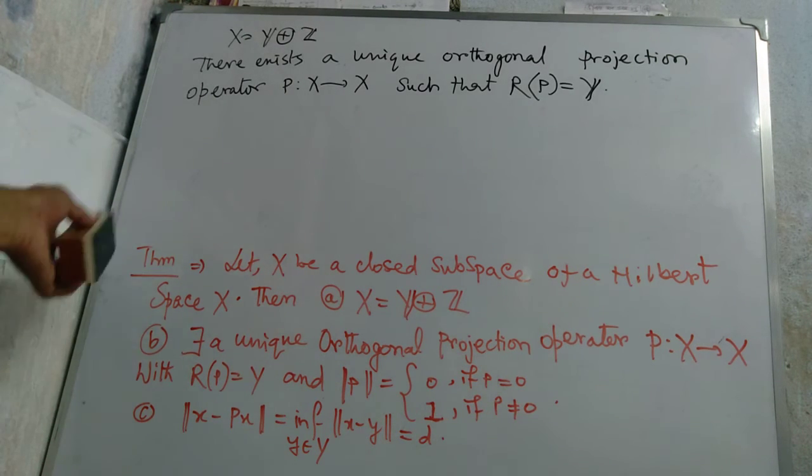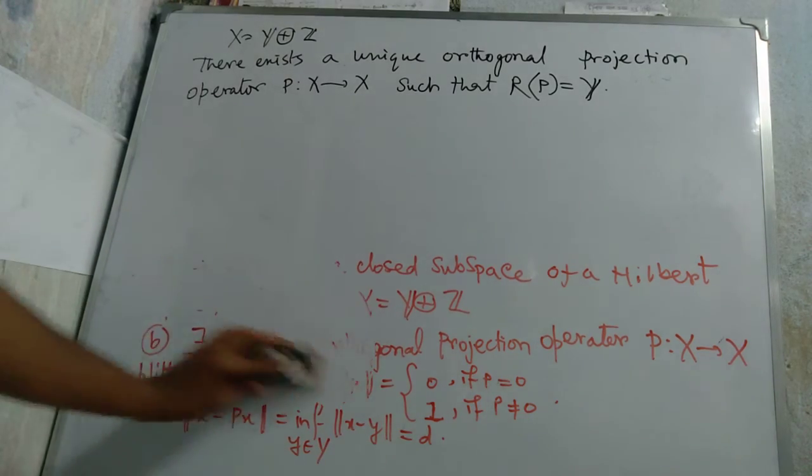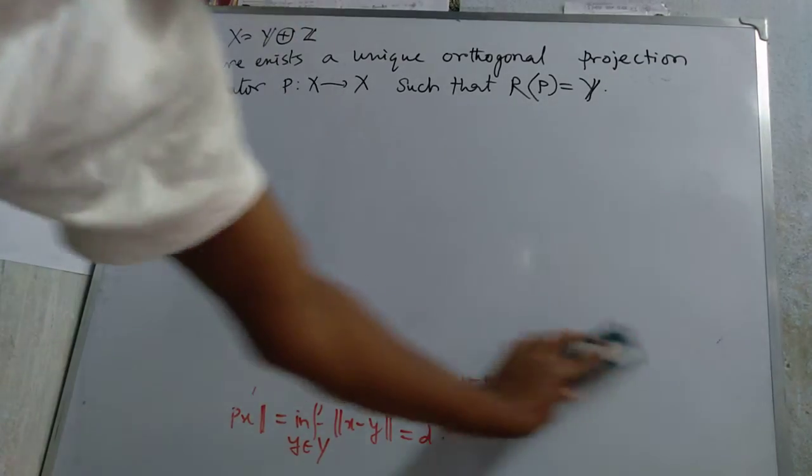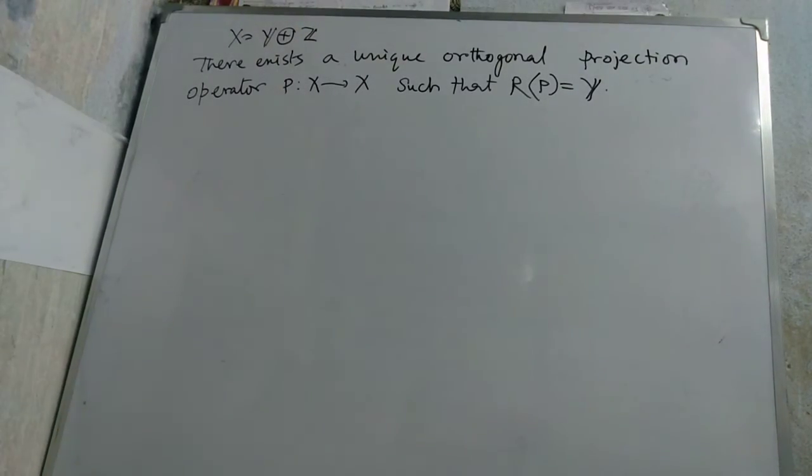Now we prove C. So we erase this portion and write just C here.